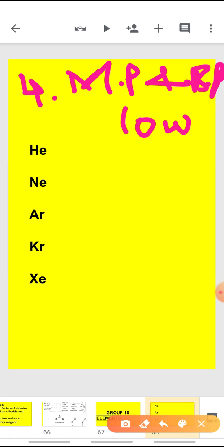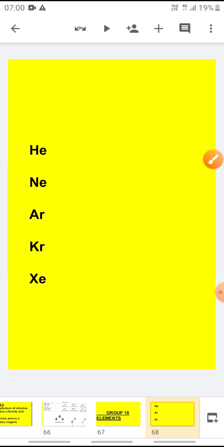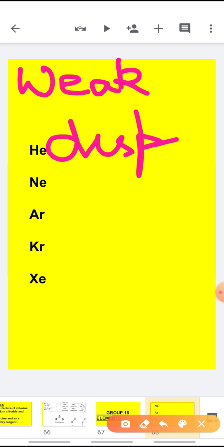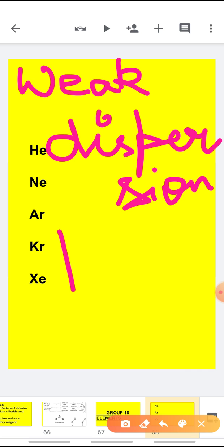Now many a time a question comes in the board exam: which intermolecular interactions exist between the molecules of these inert gases? You have to remember that only one type of interaction exists between these elements, that is weak dispersion forces.